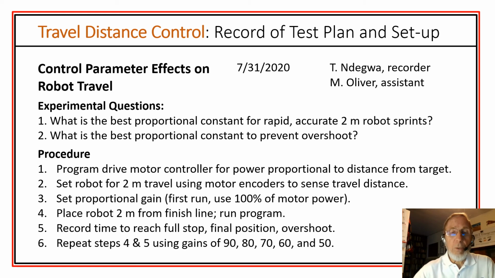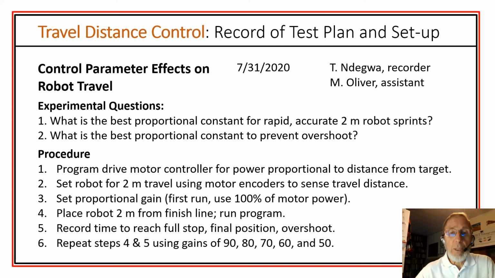Number two, we set the robot up for 2 meters of travel. We're going to be using motor encoders for the feedback. Number three, we set proportional gain. In other words, let's say we use 100% of the motor power as full power, and then we'll reduce that as we approach the target.